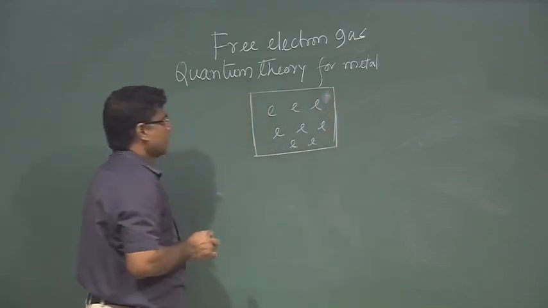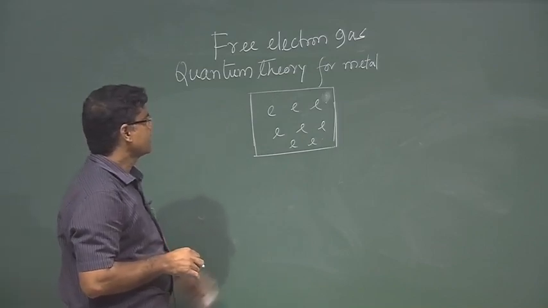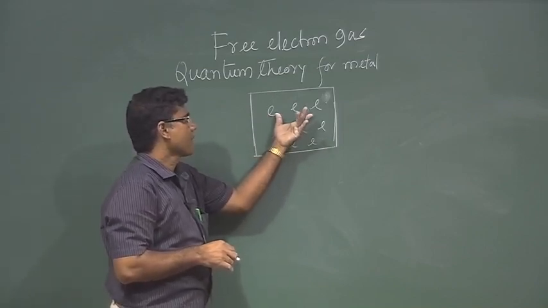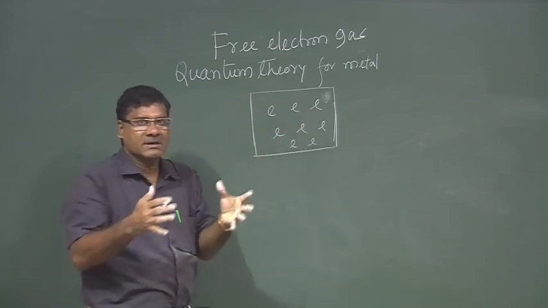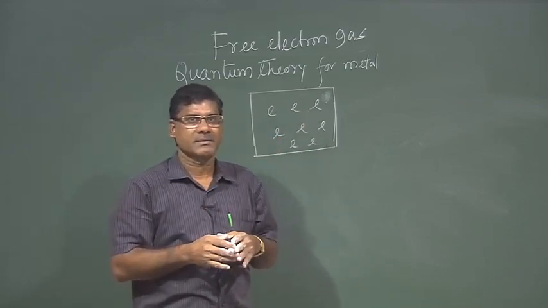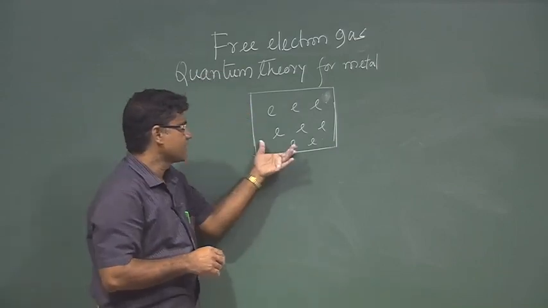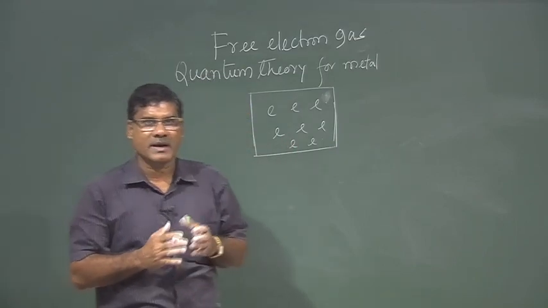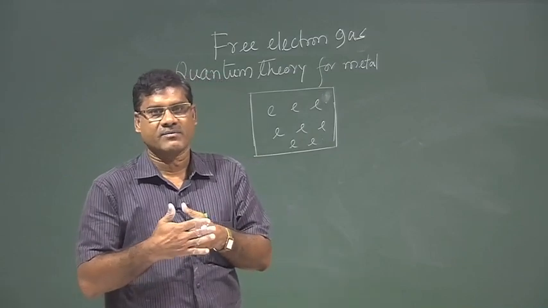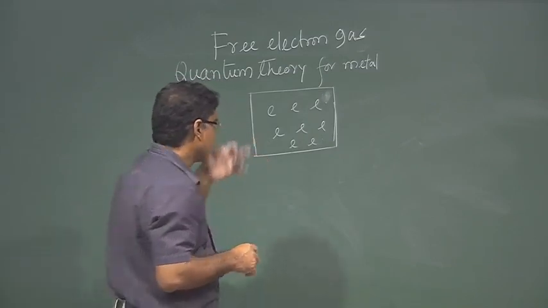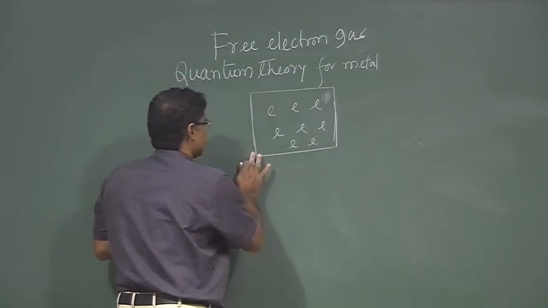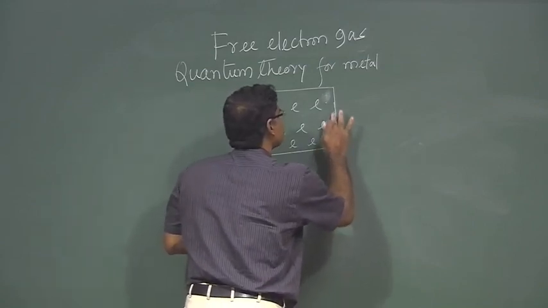So, if I consider that it is in a box, it will be a 3-dimensional box. But for simplicity, we can consider just 1 dimension, and then we can extend it to 3 dimensions. So, a 1-dimensional box.